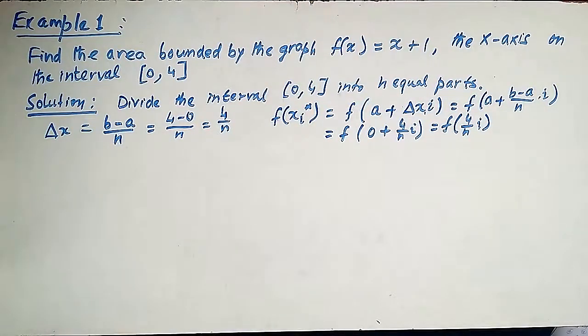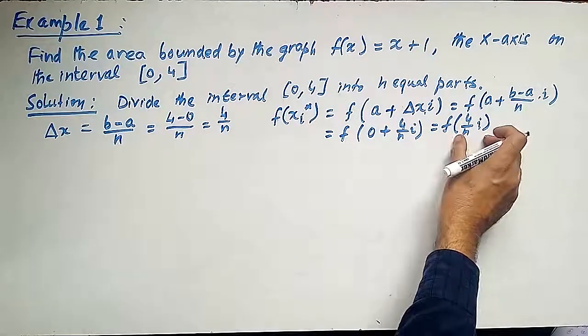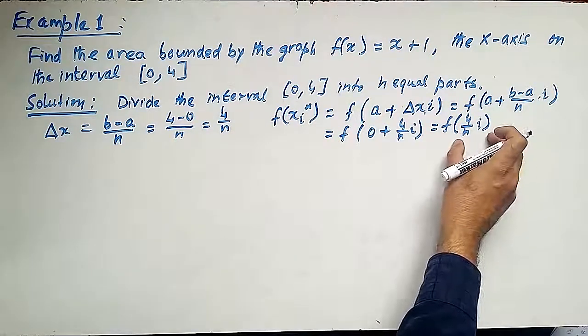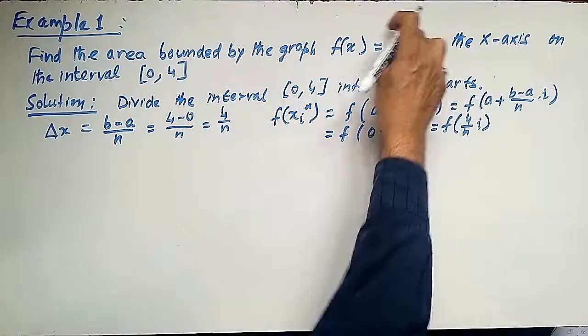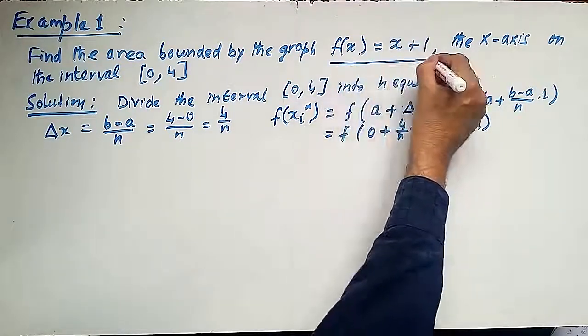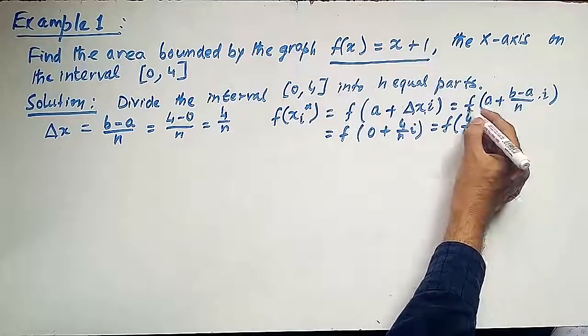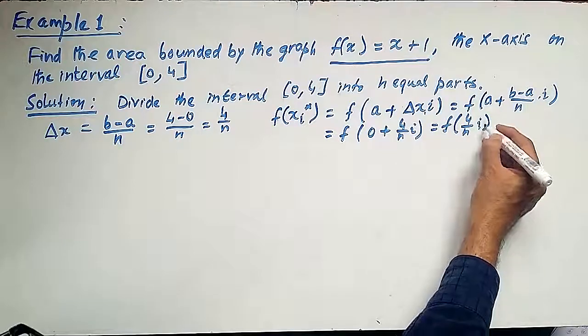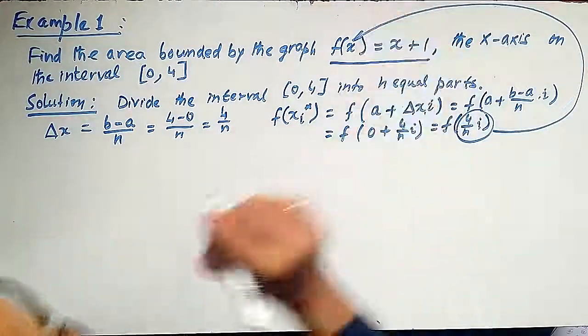From the concept of functions, we know that to find the value of the function at any value of x, we have to plug that value into the function itself. So what is the function given here? The function given here is f(x) equal to x plus 1. So this will serve as an input into this function.